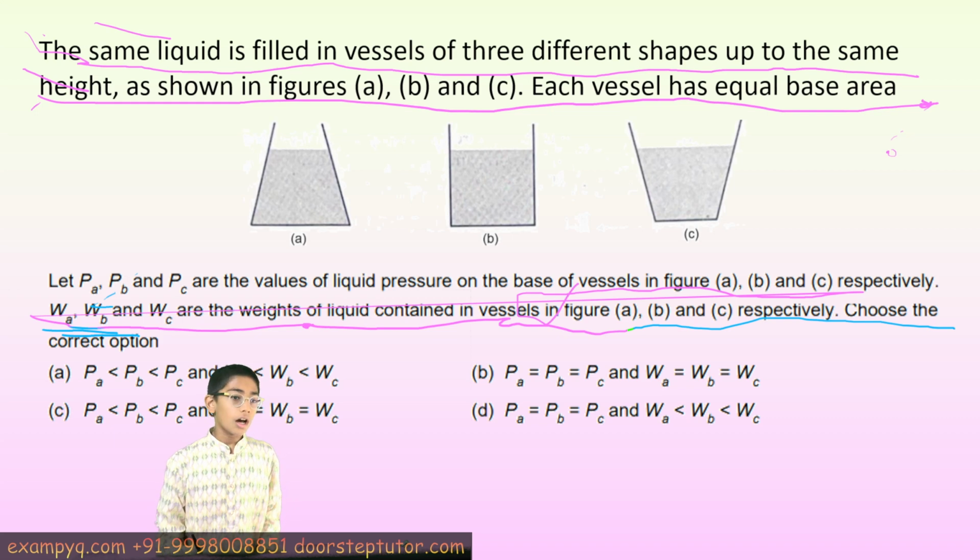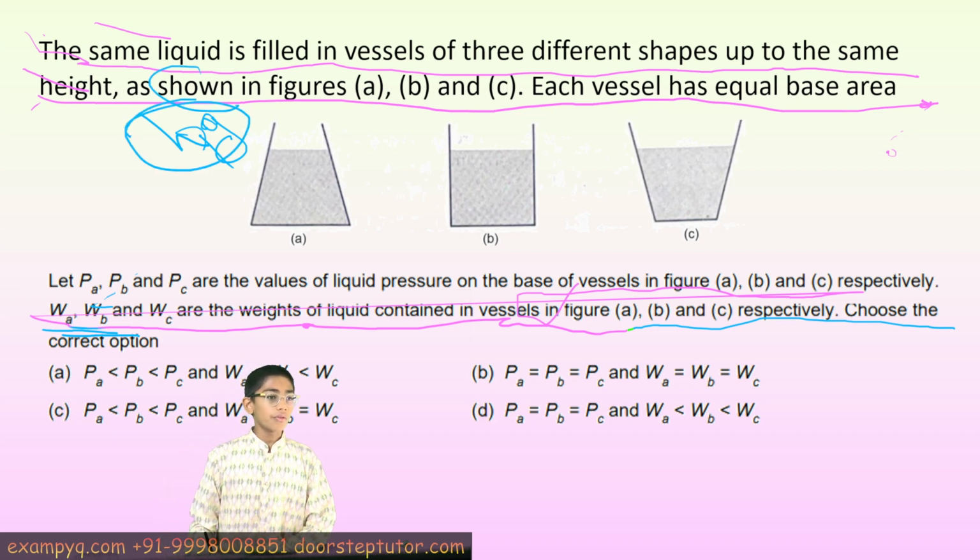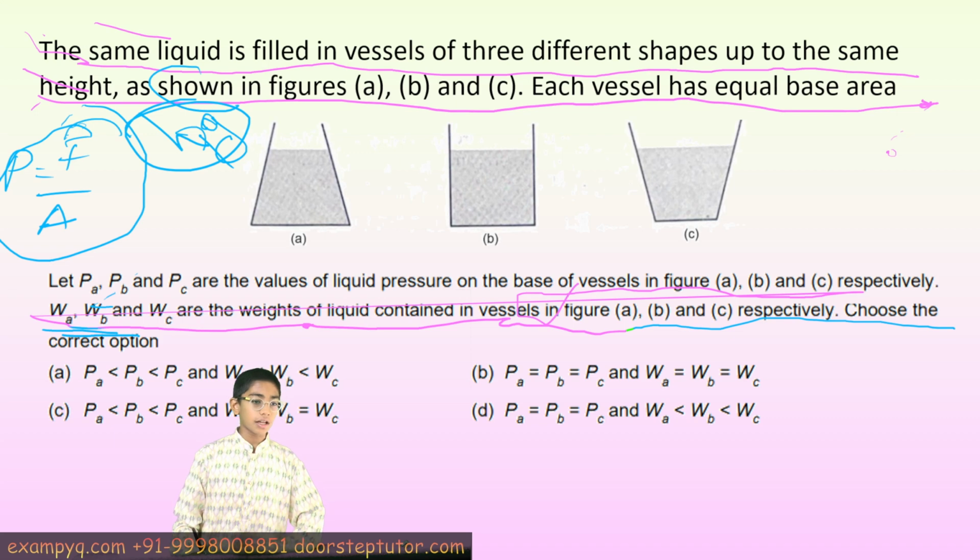So, the fluid pressure is h rho g. So how is this formula there? Let us derive it. We know that pressure is equal to force upon area. Now the force is mass into acceleration, or mg, because it is the weight.